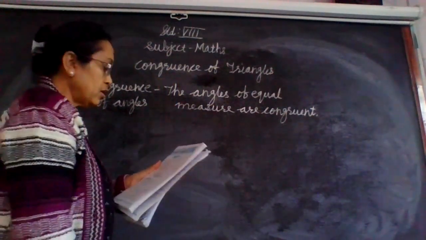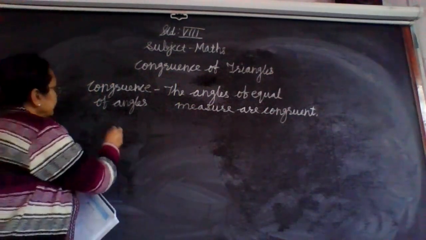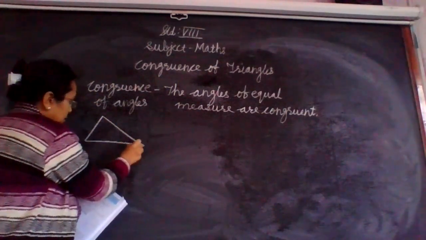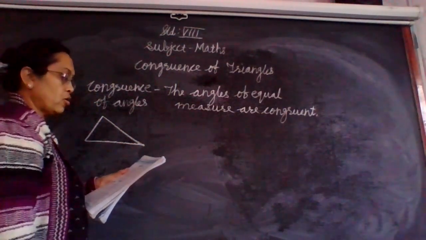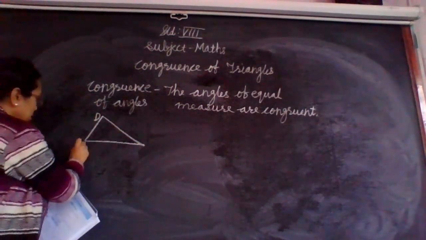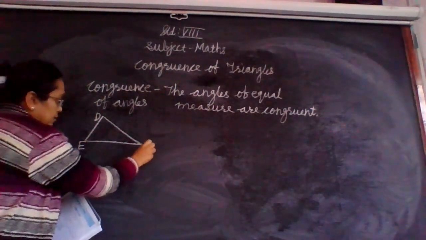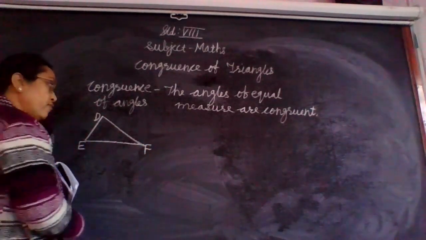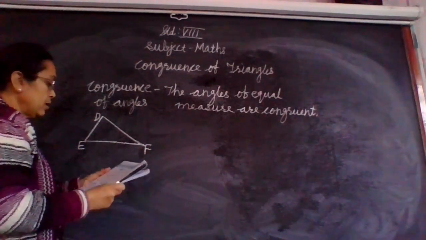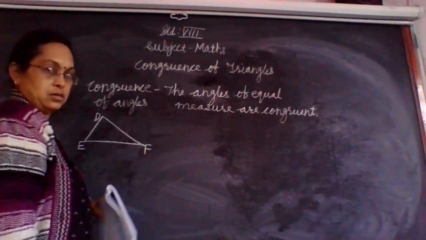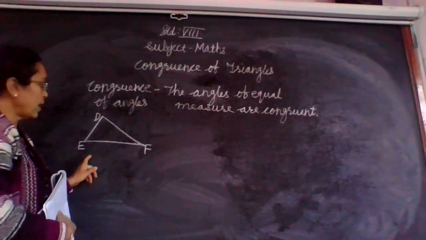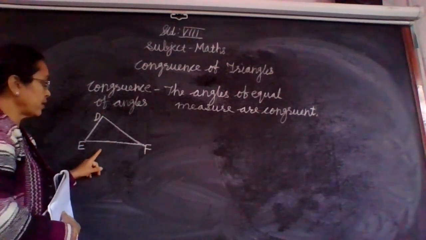Now some terms we will see for the triangle. This triangle I have drawn here. It is having the vertices D, E, F. Now let us see the three factors for angles and the three factors for sides.